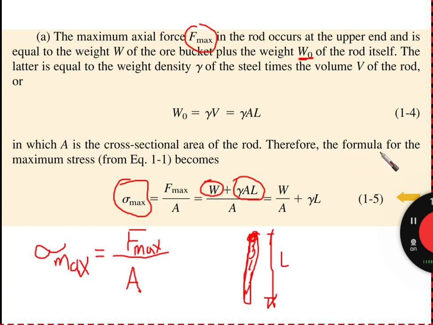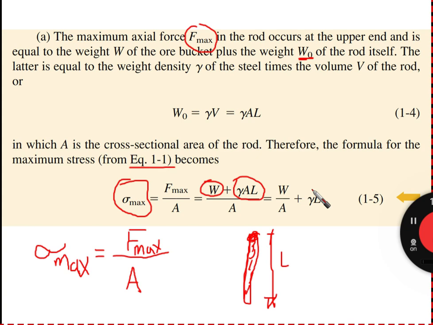Therefore, the formula for the maximum stress from equation 1-1, which is the normal stress, F maximum over area: F maximum here is W plus gamma A L, this is the numerator, over A. After rearrangement, we have W over A, the weight of the bucket over the cross-sectional area of the rod, plus the density of the rod times its length. This is the formula that we have.